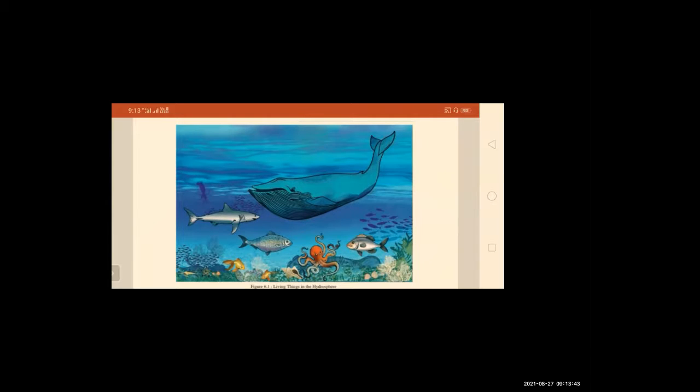All the living things which are present in the water, that is, which are living in the water, together form a living world in the water. We can say the living world in the hydrosphere. See, if you will observe this picture, you can see lots of creatures are there. From a tiny insect, planktons.